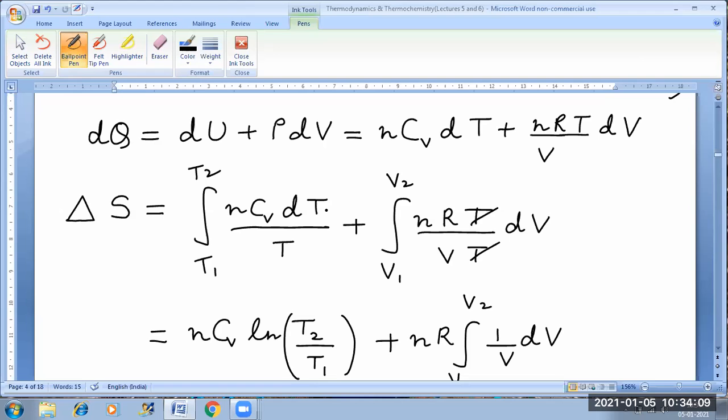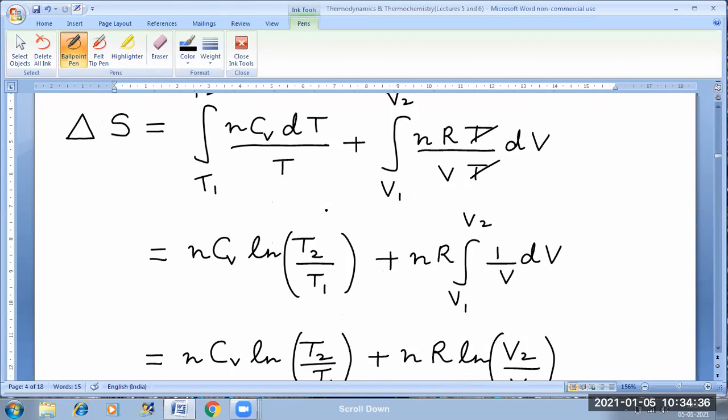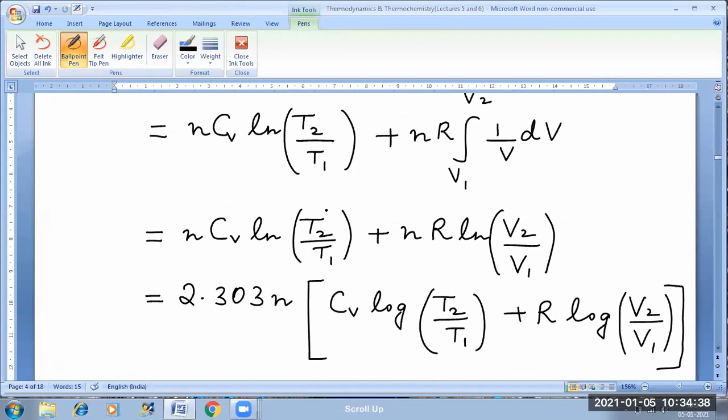So dT will not be 0 because temperature is not constant, and the dT term will remain. dT will be 0 only if the process is isothermal. Otherwise, I'll have to integrate this from T1 to T2, where the initial temperature is T1 and the final temperature is T2, and this will be the final expression.